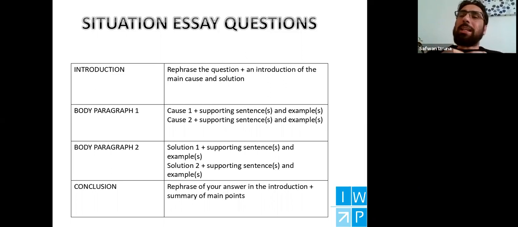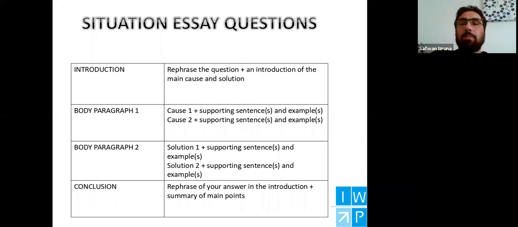So what we mean is when we have a reason, we have to prove why this reason is causing this problem. And when we offer a solution, we need to also state why this solution is actually a solution, how it will solve the problem.